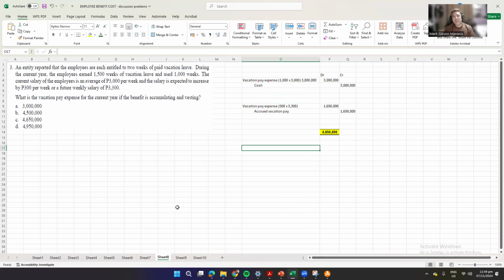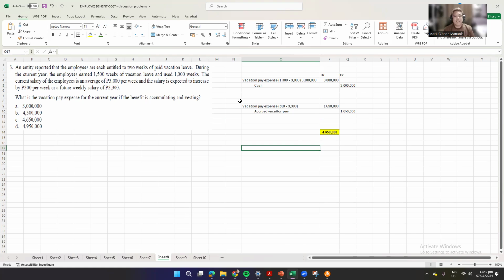Maybe you'd skimp on leave and just accumulate it so that at the end of the year, you receive money. It depends on what kind of employee you are. In my case, because I travel, I often use up my leave credits. So the question here is, how much would be the vacation pay expense?